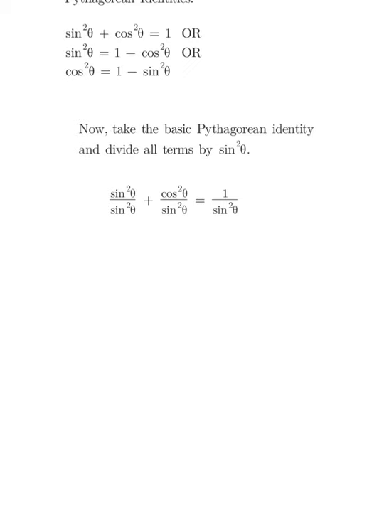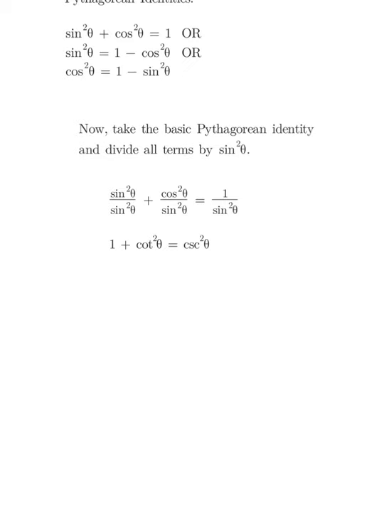So now we are going to do some simplifying and using some definitions of trigonometric functions. By using our definitions and simplifying, we have our second Pythagorean identity. 1 plus cotangent squared of theta equals cosecant squared of theta.